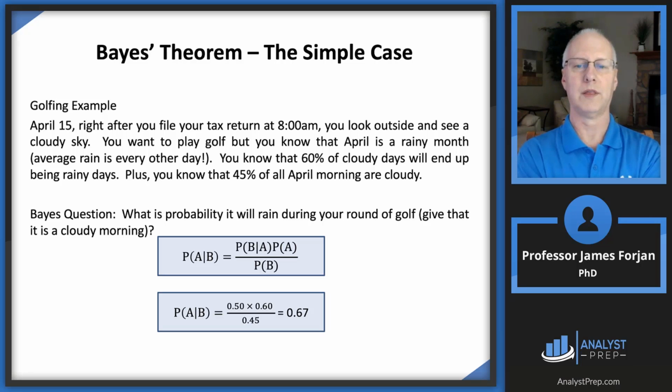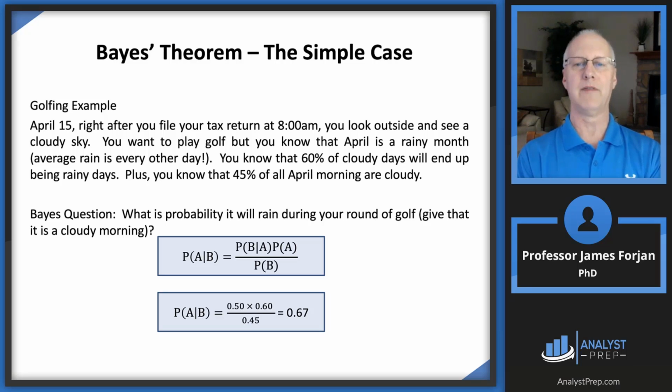All right, so what do we do? We start with the probability that it's going to rain given clouds. So what do we know here? It's April 15th, right? April has 30 days, so if it rains every other day, I'm just assuming it's 50%.